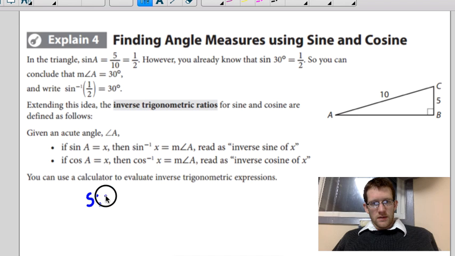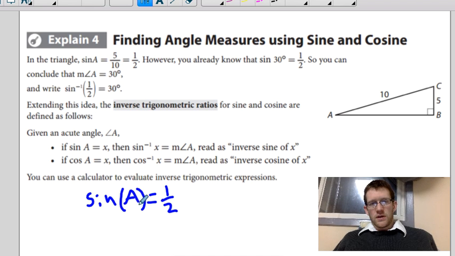It has sine of A, and remember, you can think of it as having parentheses. Sine of angle A is equal to 1/2. One of the reasons I put parentheses is folks are tempted to just divide both sides by sine. Sine isn't a thing. Sine is again a function.